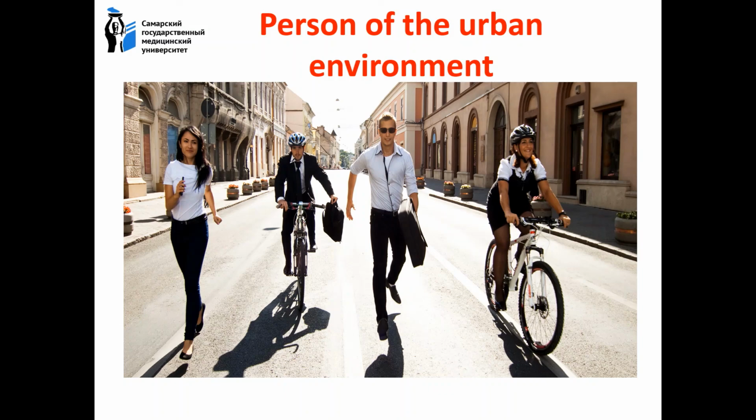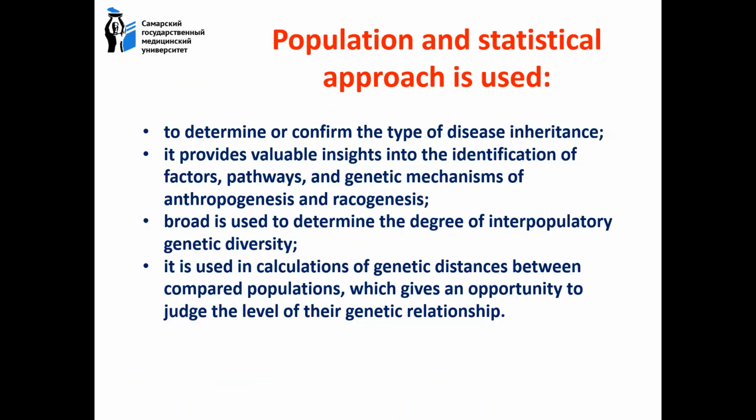In conclusion of the lecture, I'd like to tell about the value of the population-statistical method. The population-statistical approach is used to determine or confirm the type of disease inheritance. It provides valuable insights into the identification of factors, pathways, and genetic mechanisms of anthropogenesis.